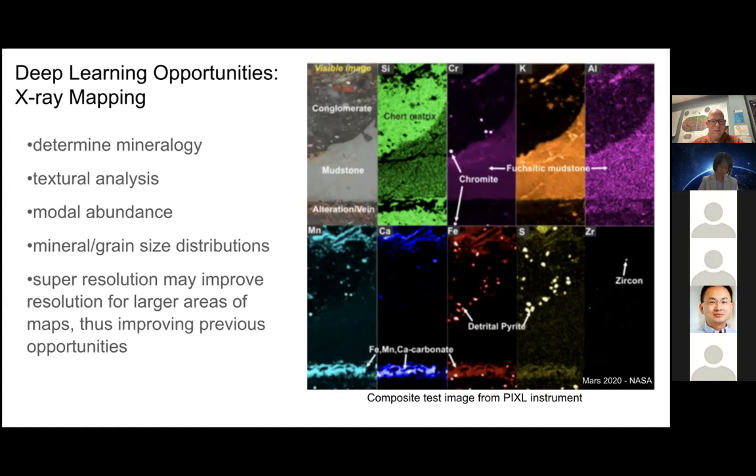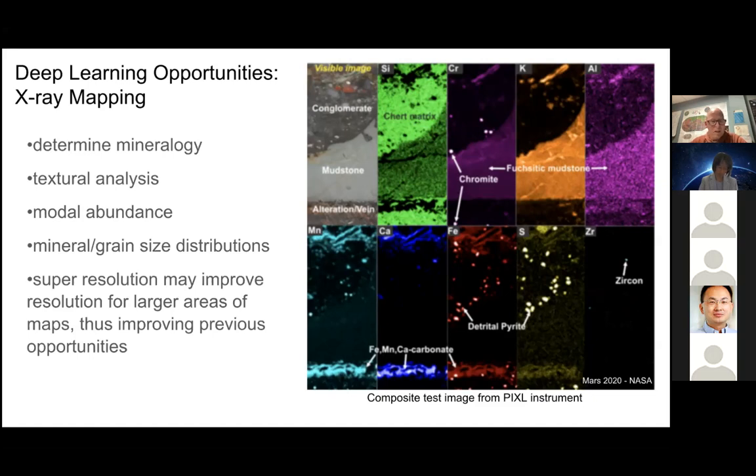I think it's easily possible to teach the system to recognize the modal abundance of minerals based on pixel brightness values. And there's another technique called crystal size distribution analysis that allows us to understand how crystals grow based on the area and the shapes of crystals that could be adapted for this type of AI technique.